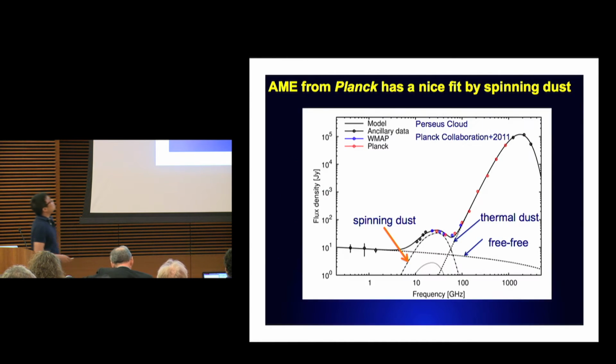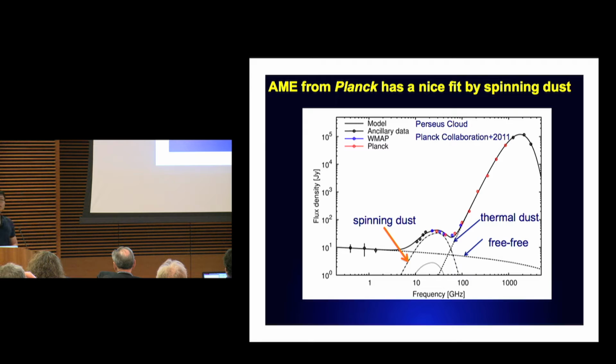This is a beautiful plot by the Planck Collaboration, where they show the observation by Planck, the thermal dust emission, the free-free emission, and the spinning dust emission. You can see that this bumpy feature is excellently fitted with spinning dust emission. So this spinning dust emission is real.